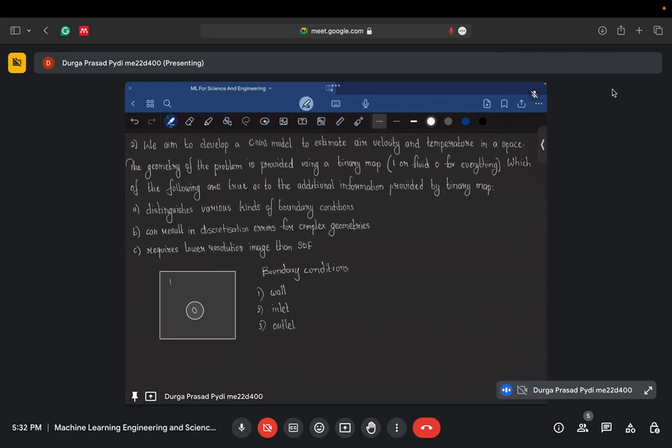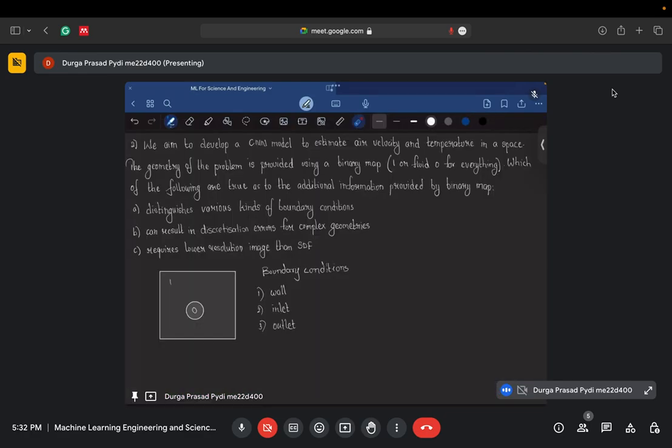So with this binary mapping, can I differentiate these different kinds of boundary conditions? This is straightforward. It just tells me whether it is a fluid or a solid. That's the only boundary condition that it can help me distinguish. It won't be able to tell me whether it is an inlet or outlet type of condition. Say I have an inlet here, so let's say cold air is coming from the top.